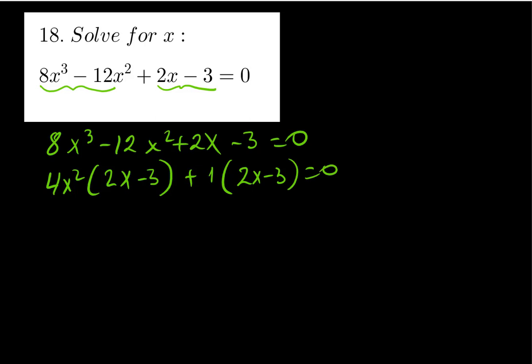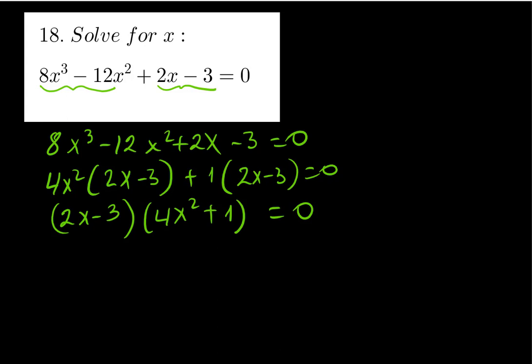From there it becomes easier. We can say that 2x minus 3 factor 4x squared plus 1 is equal to 0.